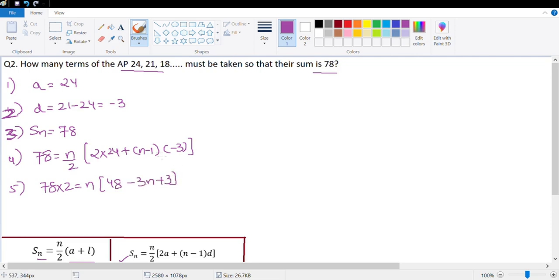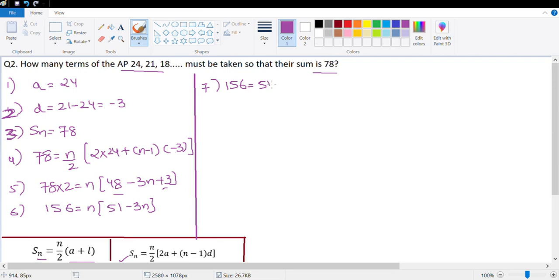I have just opened the bracket. Negative 3 into n, negative 3n, negative 1 into negative 3 gives me positive 3. So this is 78 into 2, that's 156, is equal to n times 48 plus 3, 51 minus 3n. Let's open the bracket. We will end up with a quadratic. So this gives me 156 is equal to 51n minus 3n square.